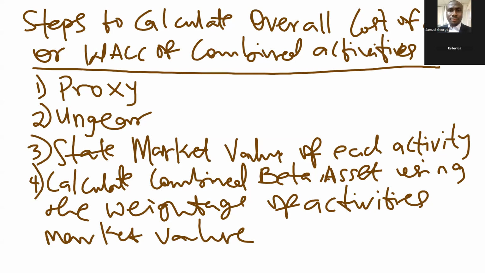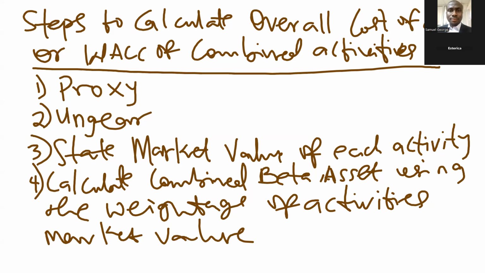Now we'll weigh it. How do we weigh it? We can use the market value. What is the value of cement, value of sugar, value of salt? Add them together. All these values equal 200. Out of 200, value of cement is like 110. So we say 110 divided by 200. The value of salt is like 20.